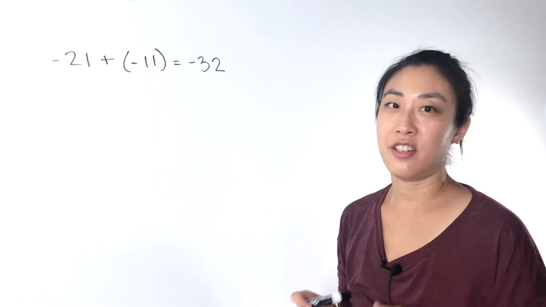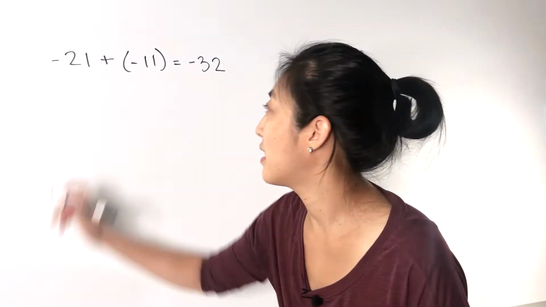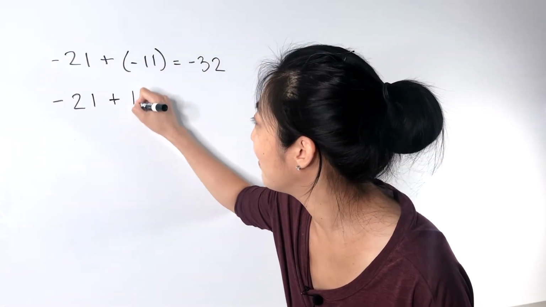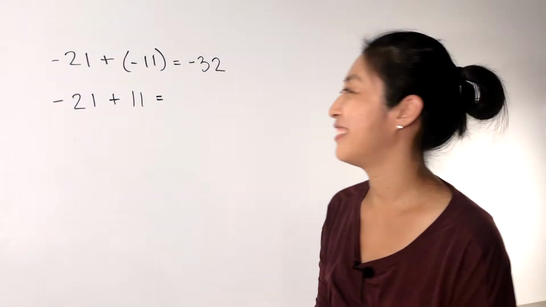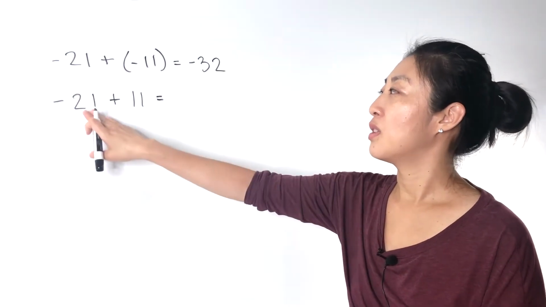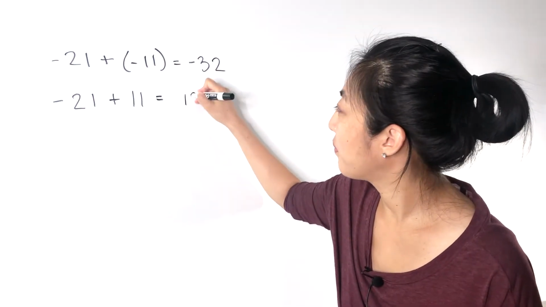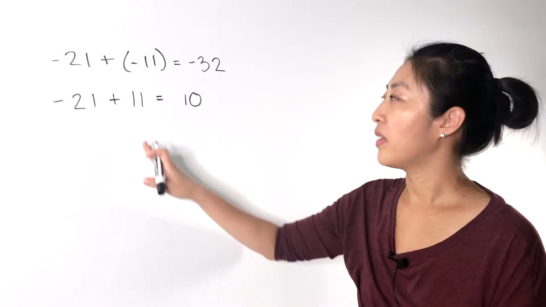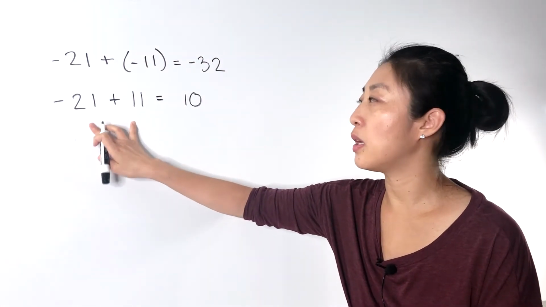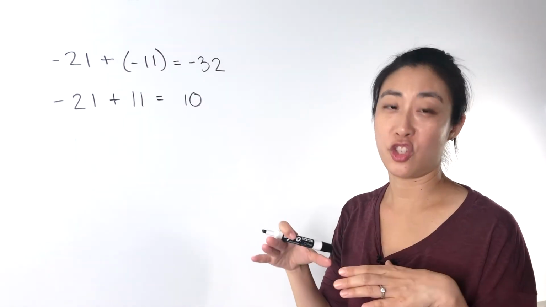If the signs are different, then you subtract. So let's say we had negative 21 plus 11. Then we subtract the two numbers. 21 minus 11 equals 10. However, after you subtract the two numbers, we look at the two numbers and see which number is larger.